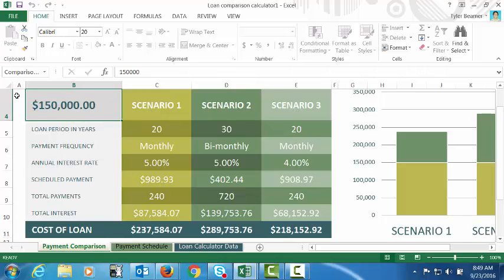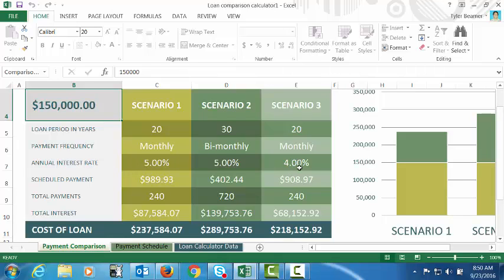Here's the principal, how much you're borrowing, the term, so the number of years, the payment frequency. In terms of My Math Lab problems, that's going to be monthly, but it is possible to pay your mortgage more than once a month, so it has the option for you to change that.